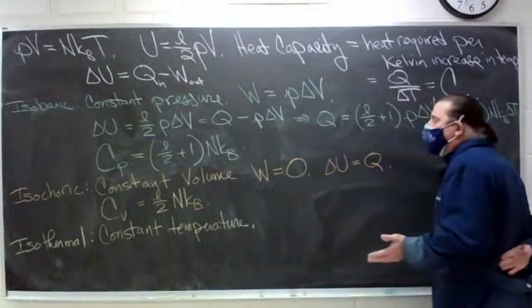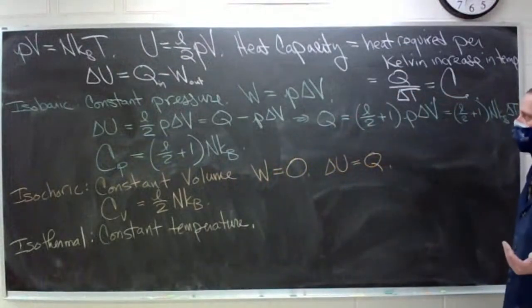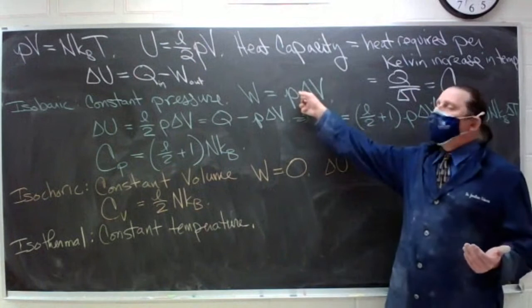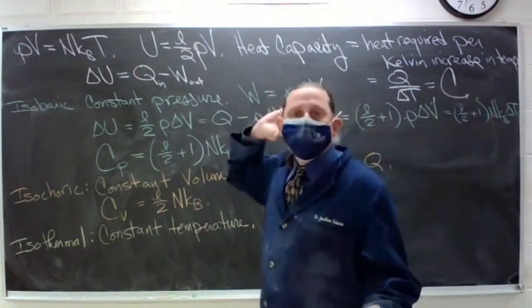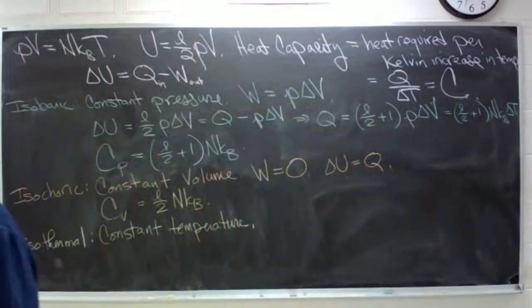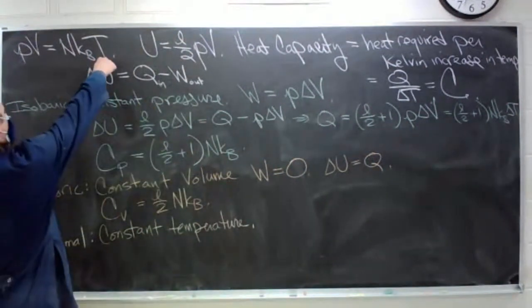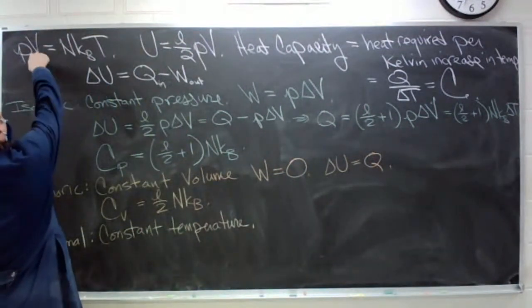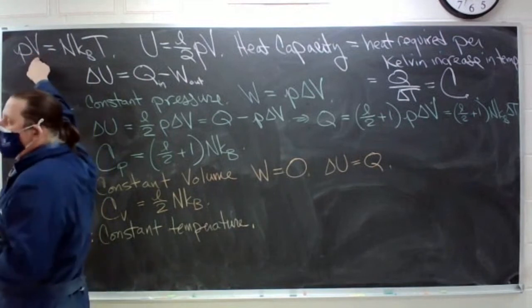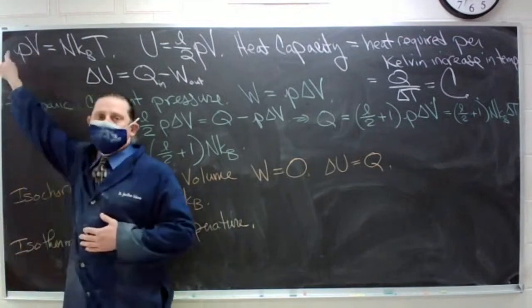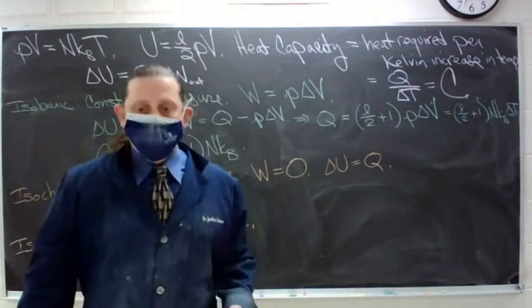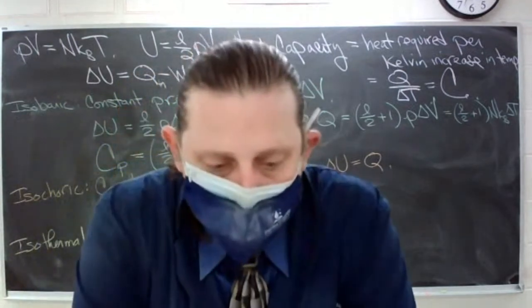But we can ask about the work that's done. I can't use this expression, P delta V, for a finite change in volume. That's because if the pressure is held constant, then any changes in the volume must also change the pressure.